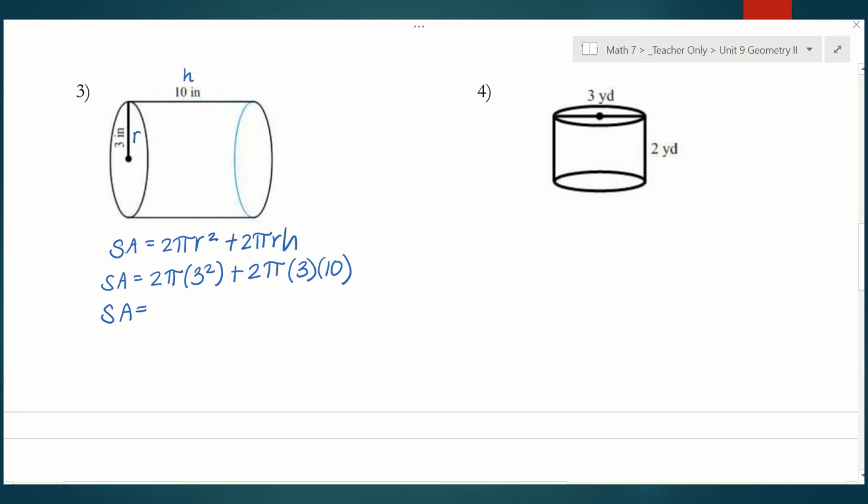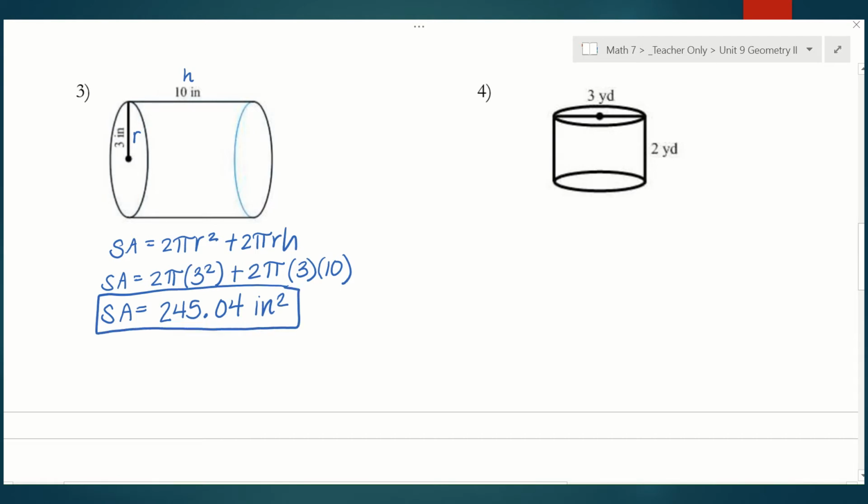All right, so we're going to type that into our calculator. Be very careful, make sure you are putting the addition in between. That's a common mistake kids will make. They try and multiply the whole line, they forget the plus in the middle. Okay, so if I get my answer and I round it to the nearest hundredth, I'm getting 245.04 square inches.